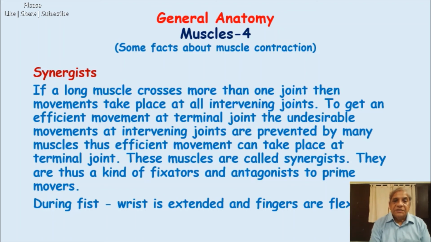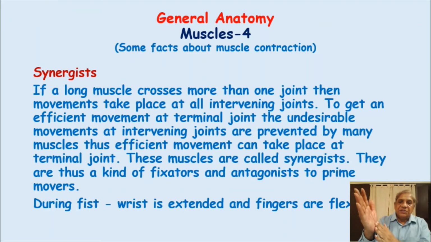But just imagine an action of these muscles where you make a fist, as I have made here, a tight fist. What is happening in this movement? This is due to the contraction of the muscles which go and attach to the digits, crossing in front of the fingers.